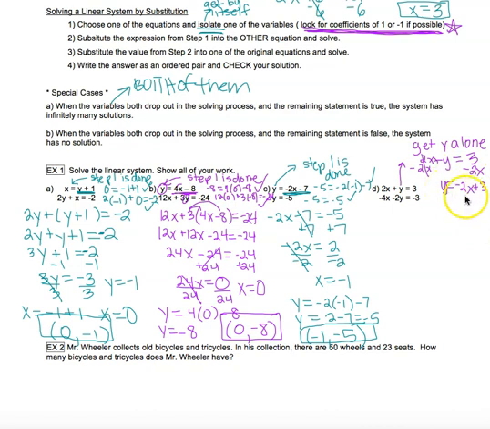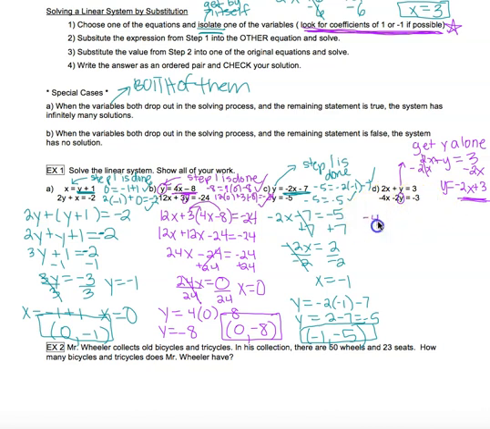So now step 1 is done. I have y isolated. Step 2, substitute this expression, so the negative 2x plus 3, in place of y in the other equation. So here's where the y was. I'm going to put negative 2x plus 3 in its place. Everything else about this equation should stay the same.